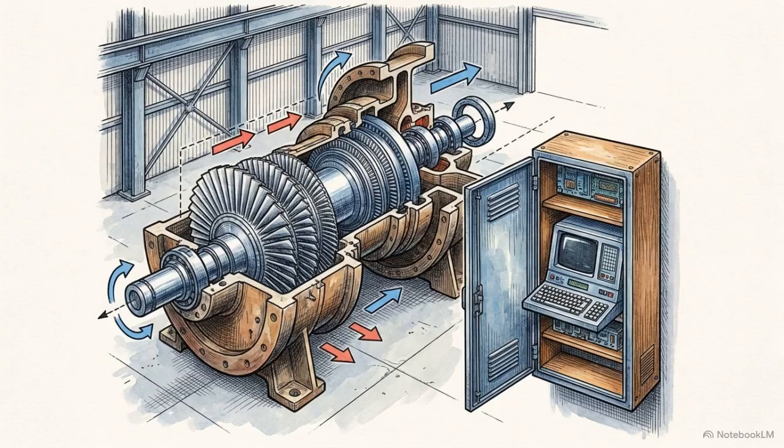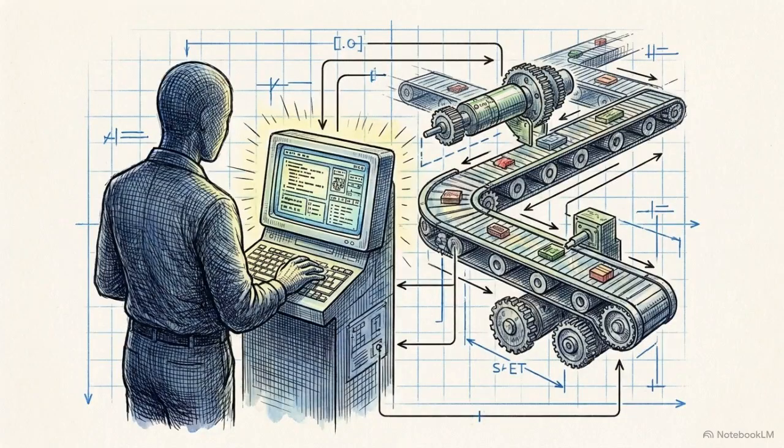Proper network segmentation acts as a structural quarantine, ensuring a routine business email compromise cannot cascade down and manipulate physical machinery.